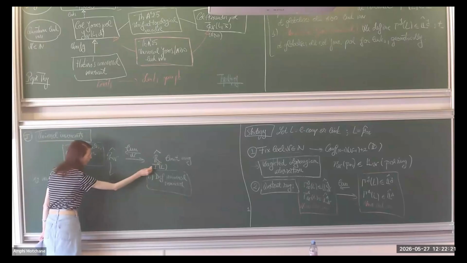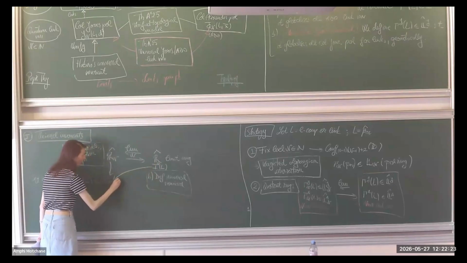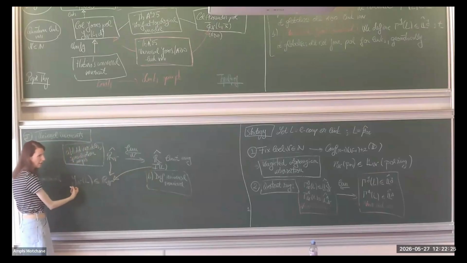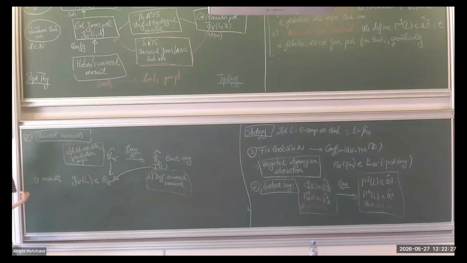The idea is that this universal invariant recovers any level of invariant by the specialization map. Okay, so in this sense, I managed to globalize all the invariants in one single quantity.